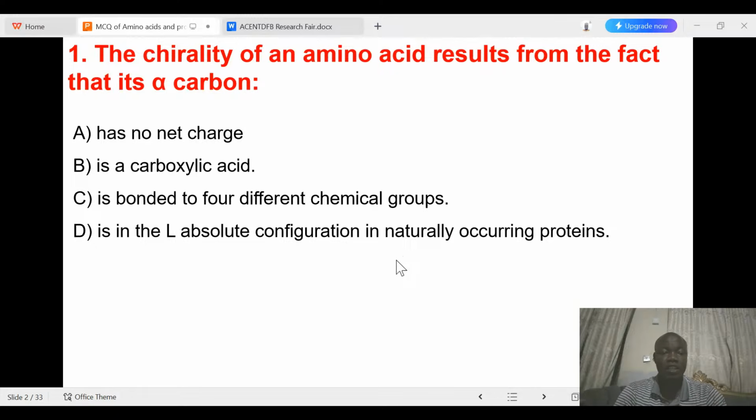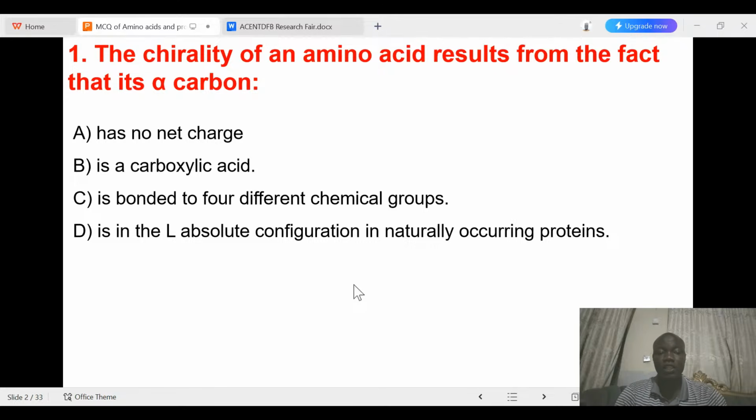And D is in the L absolute configuration in naturally occurring proteins. So ladies and gentlemen, remember, we have 20 different amino acids, and 19 of the amino acids have a chiral carbon. So what makes the amino acid have that chiral alpha carbon?